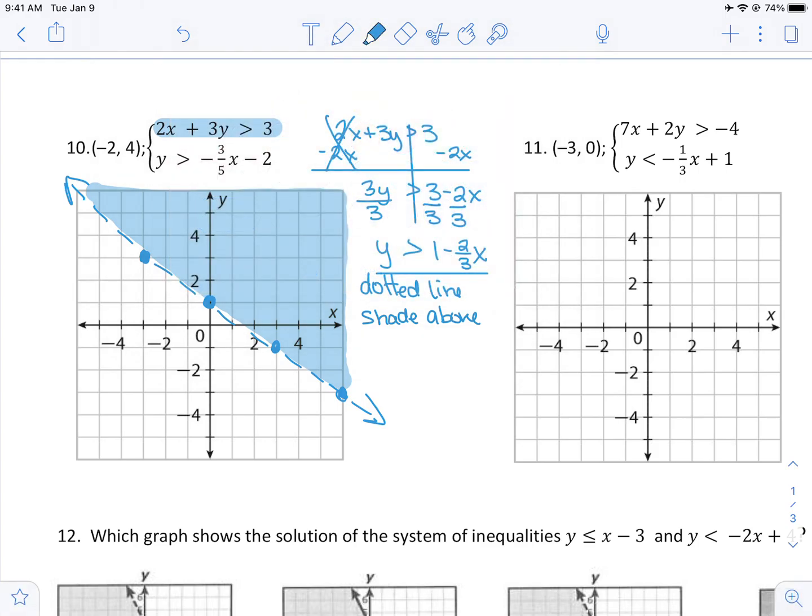Here we go, switching colors. This one is already solved for y. Y is completely by itself. Looking at it, it is going to be a dotted line, and we're shading above. So I'm going to type it in the calculator. So -3/5 x minus 2.